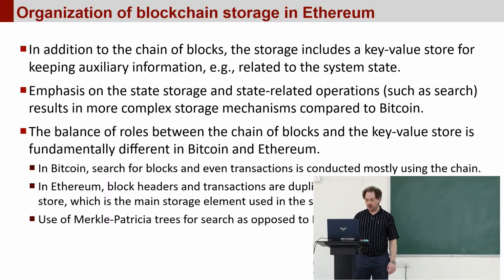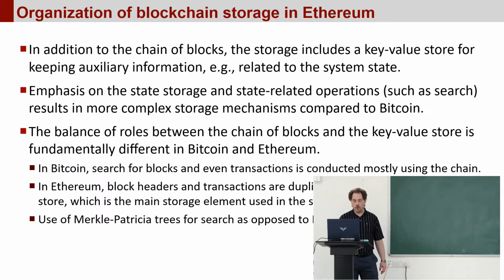So the balance of roles between the chain of blocks and the key value store is fundamentally different in Bitcoin and in Ethereum. In Bitcoin, we never need to search for specific bits of information. And if we need to search for blocks, it's conducted mostly using the chain and not the key value store. While in Ethereum, the reverse is true.